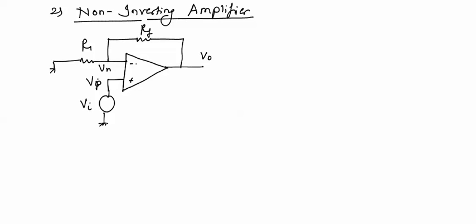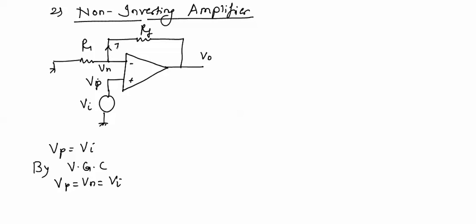VP, VN. In this circuit, we have VP equal to VI. If we apply the virtual ground concept, we have VP equal to VN equal to VI. Now again we will apply KCL at this point.